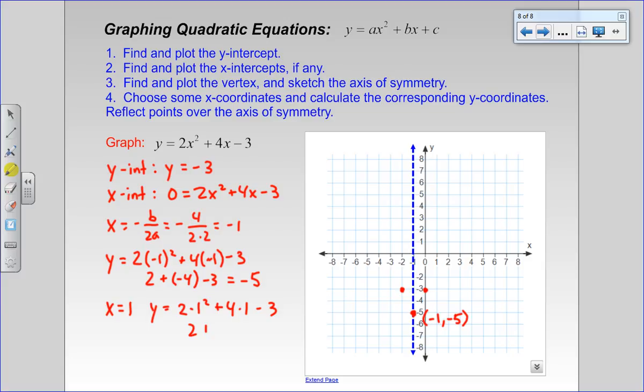This is 2 plus 4 minus 3, or 3. So the point 1, 3 is on the parabola, and we'll plot that on the coordinate plane. And then we will reflect it a distance of 2 units across the axis of symmetry to the point negative 3, 3. And then we'll use these points to complete the graph of this parabola, which once again is opening upward since the value of a is greater than 0.